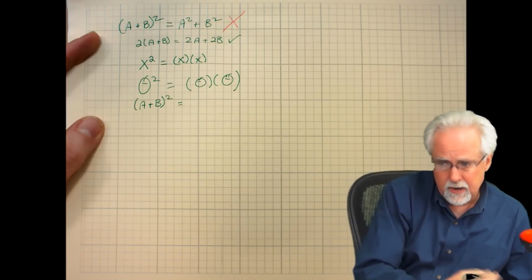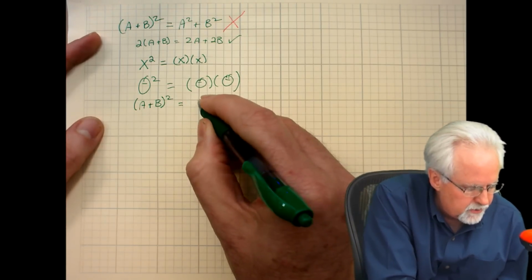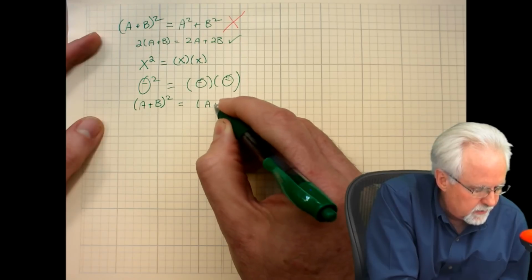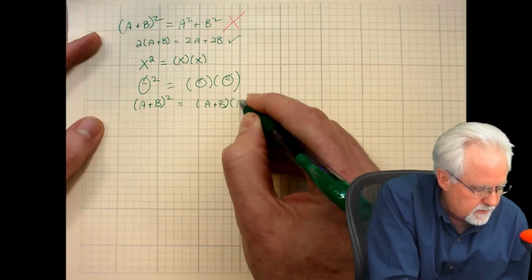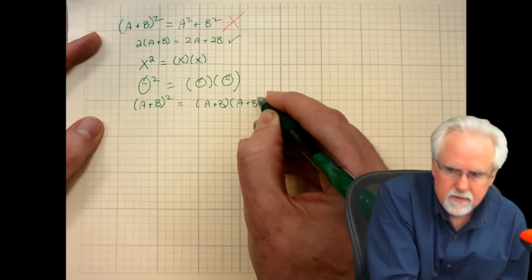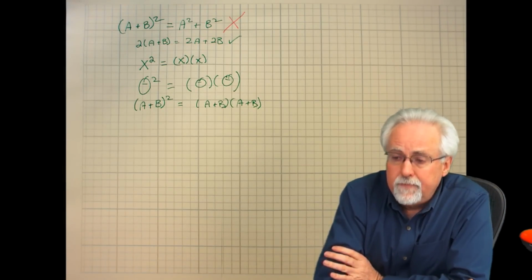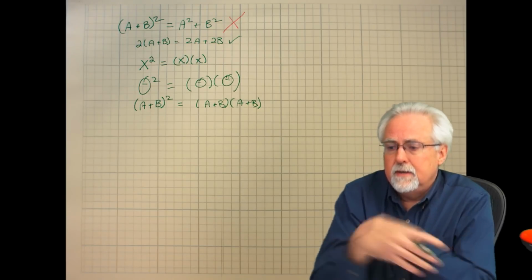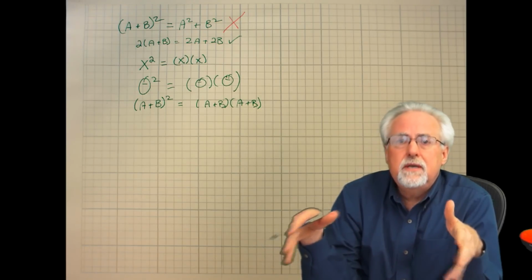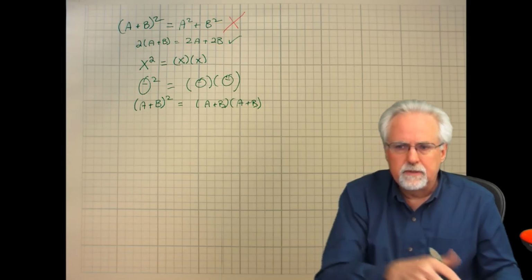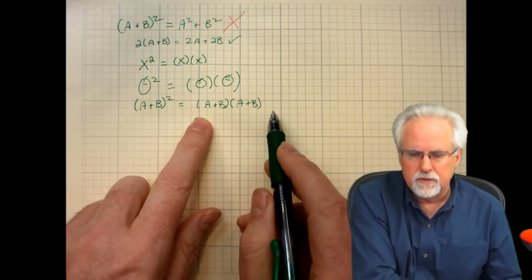Hopefully you'll see what I'm doing here: (a plus b) squared should be (a plus b) times (a plus b). That, my friend, is correct. But now, it is true that in most cases you need to go ahead and do a little more manipulation. So how are we going to multiply this out?